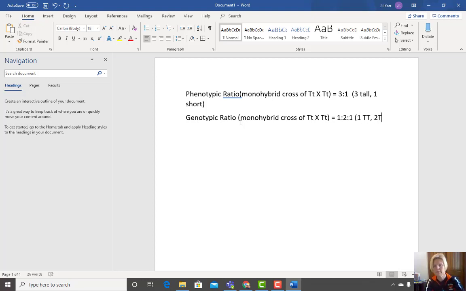So those ratios are just expressing the different allele combinations I can have in that F2 generation. So this is the F2 generation. When I started out, remember, with the big T, little t alleles.